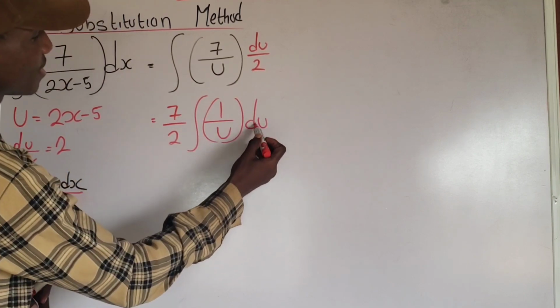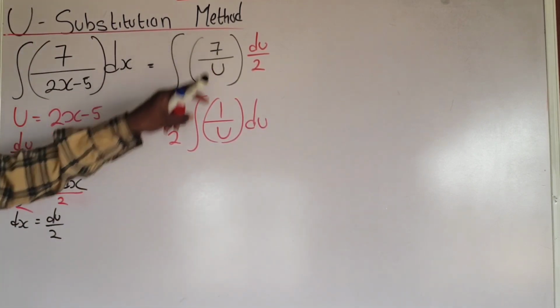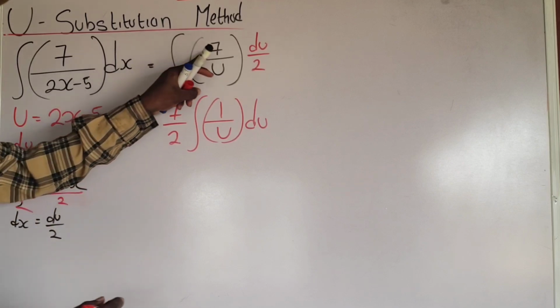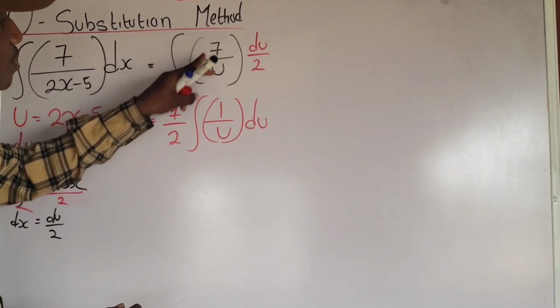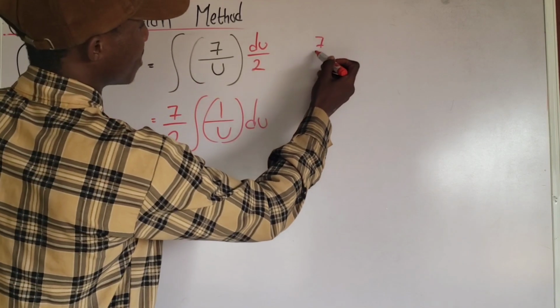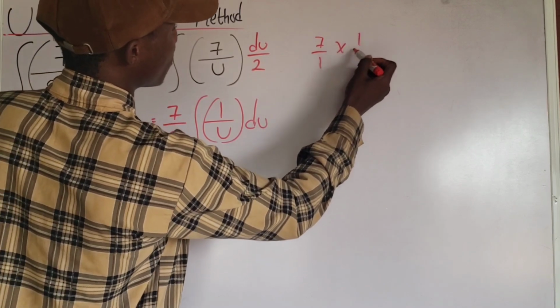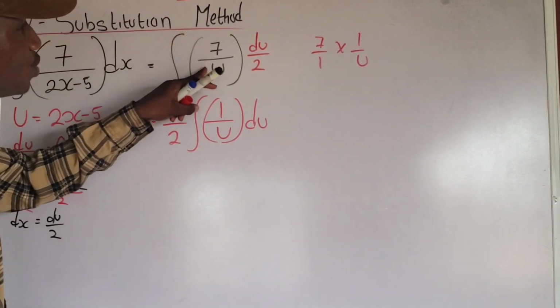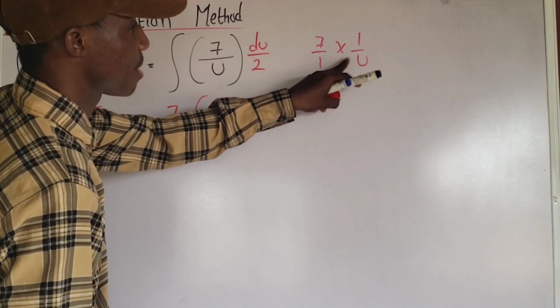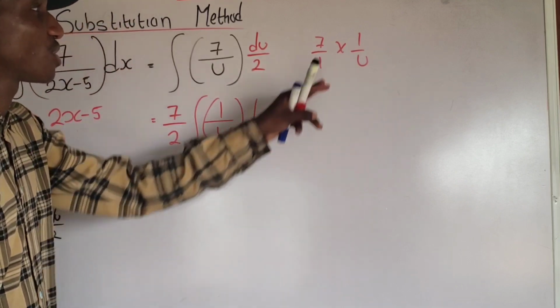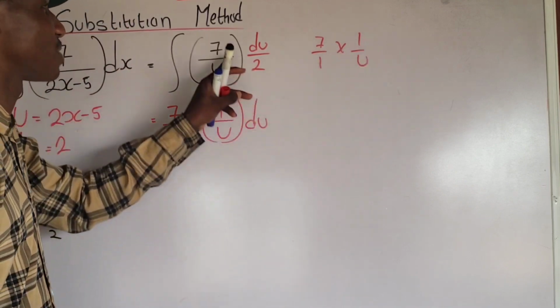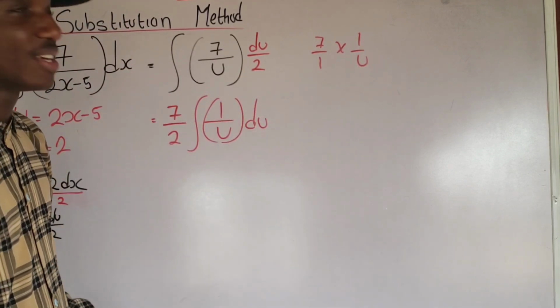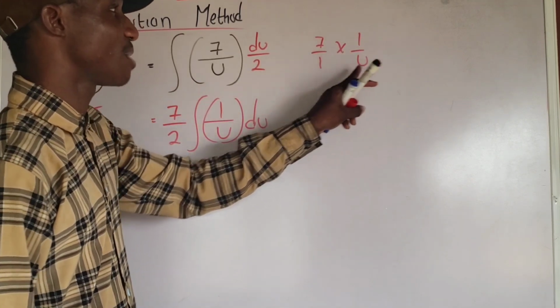Do you know what I did? This 7, please pay attention. This 7 over u can be written as 7 over 1 multiplied by 1 over u. And if you take the product of 7 over 1 and 1 over u, you are going to have 7 over u. I'm very sure you know that. 7 times 1 is 7, 1 times u is u.